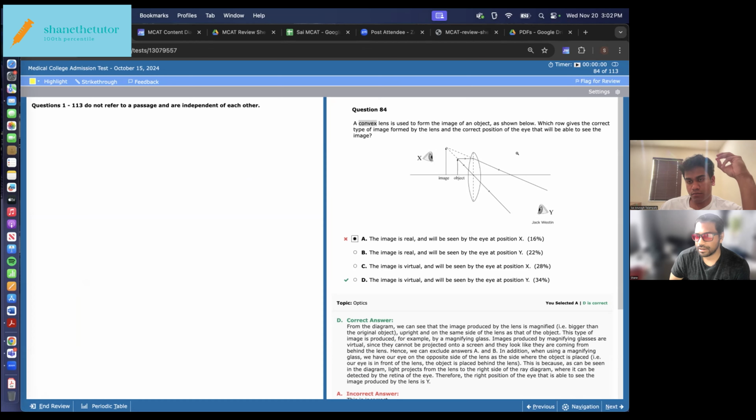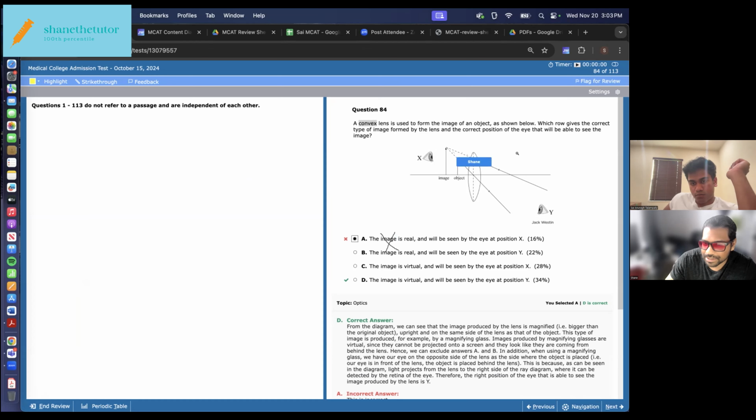Now, this image here is upright. Real images will be inverted, and virtual images will be upright. So we can eliminate A and B. Also, if you didn't know the upright part, you can see the dotted lines here.